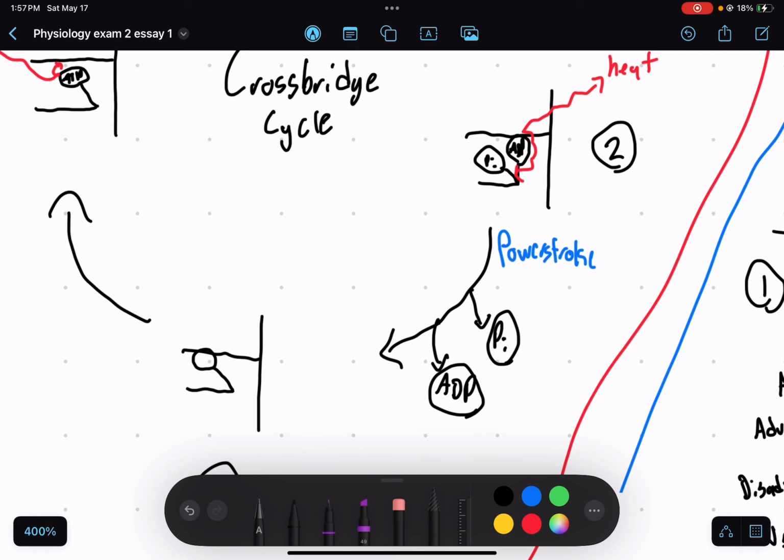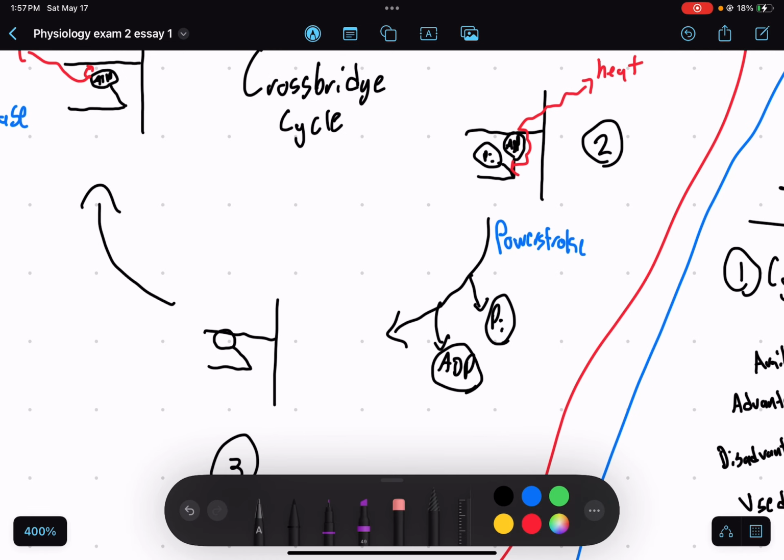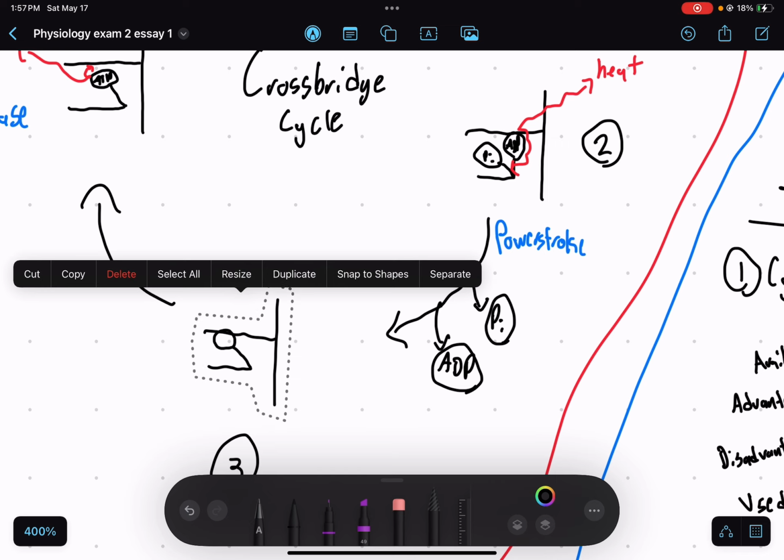So whenever the power stroke occurs, the phosphate is going to fall off along with the ADP, which then changes the conformation from a 90-degree to around a 45-degree angle. So as you can see it moving over here to where it can pull that muscle fiber towards the other way.